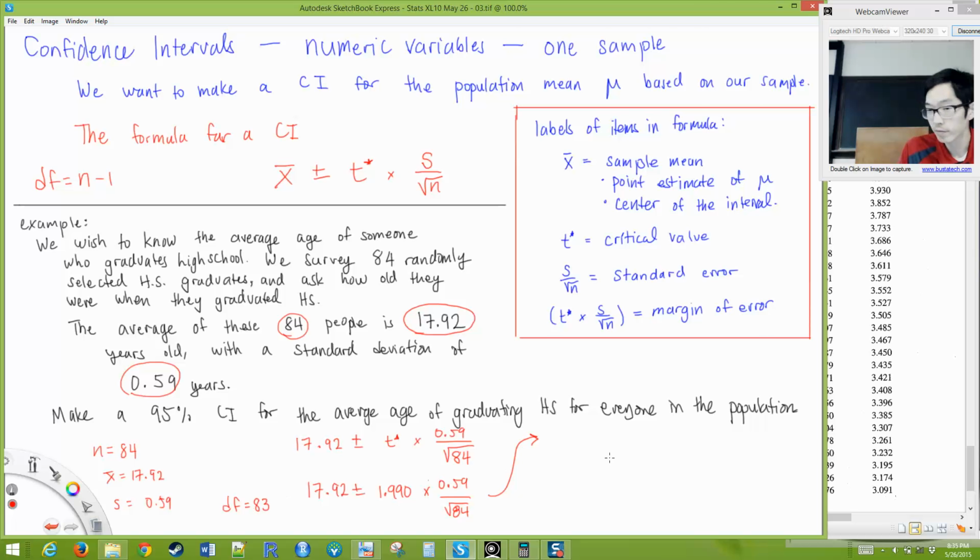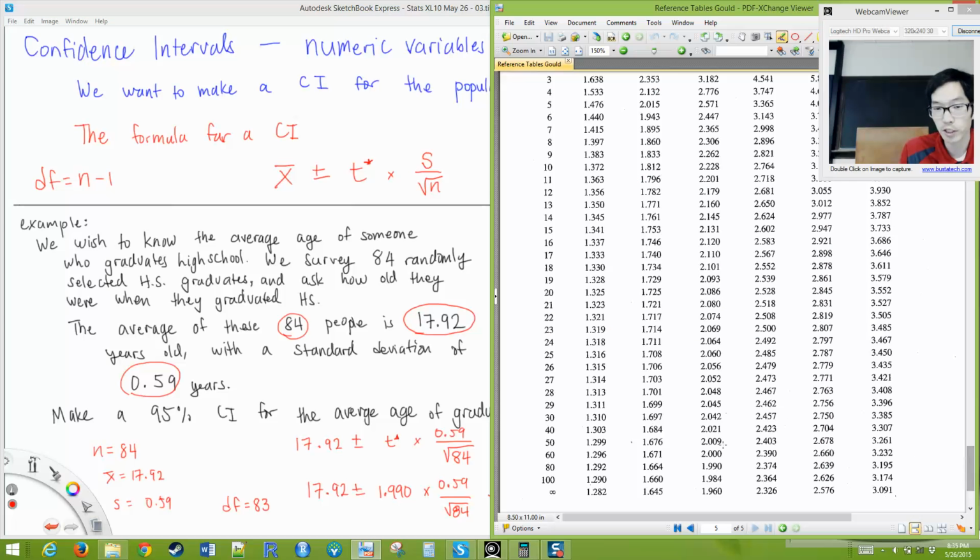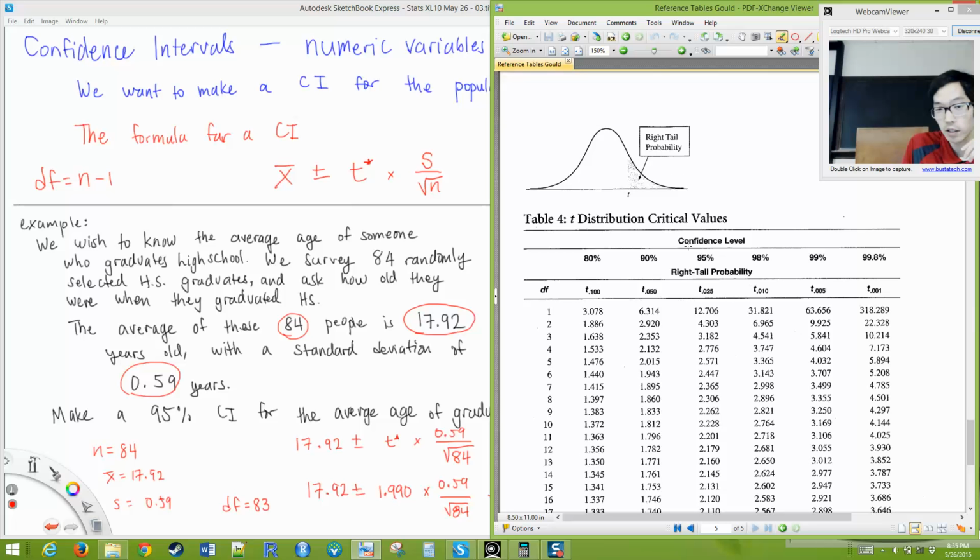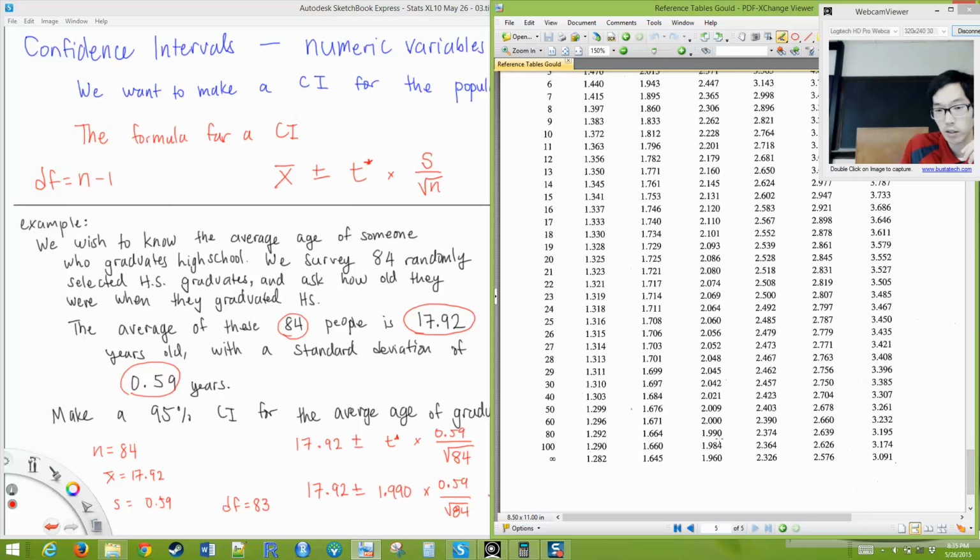Okay. So when I go to my table, I'm looking for 83. I don't see 83, I always round down. So we're going to use this row, 80 degrees of freedom. And I'm going to the column that says 95% confidence. So that's this middle column right here, or third column. 1.990. Is that okay?